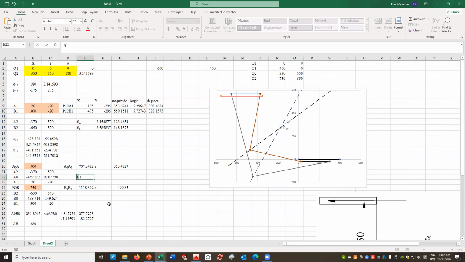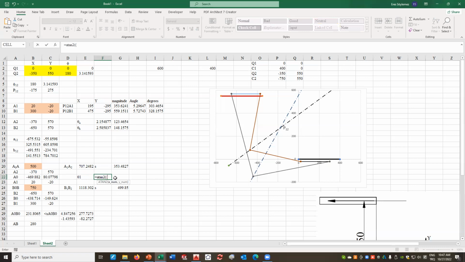Not sure, okay, I'll check it. The initial crank angle A0A1 will be equal to ATAN2, and ATAN2 will be better in this case.